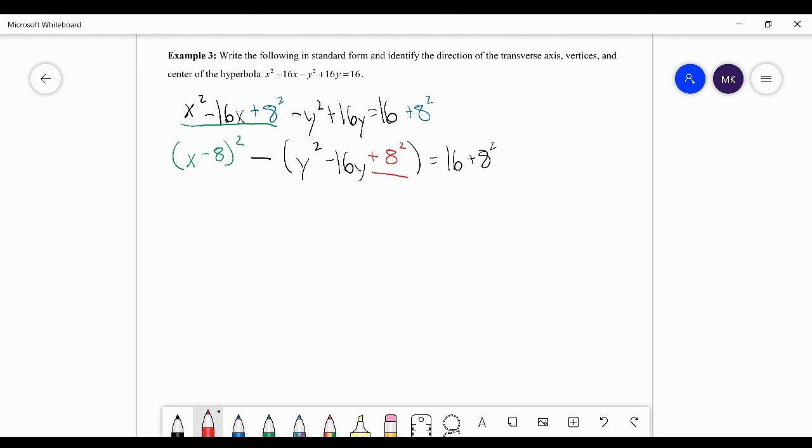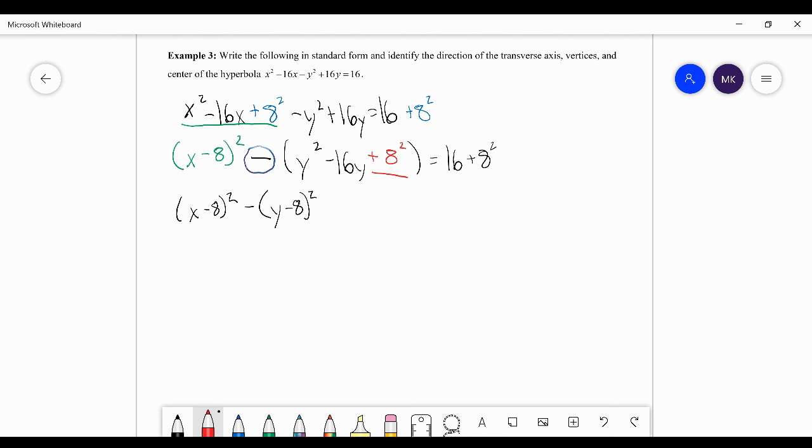Now, that gives me what I want in terms of the next row. The next row is going to be x minus 8 squared minus y minus 8 squared. However, because of this right here, that makes this plus 8 squared inside here actually a minus 8 squared.